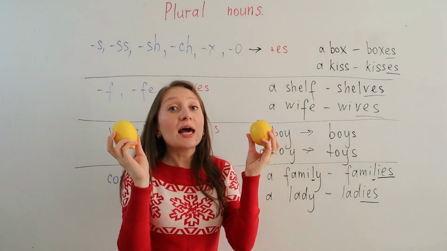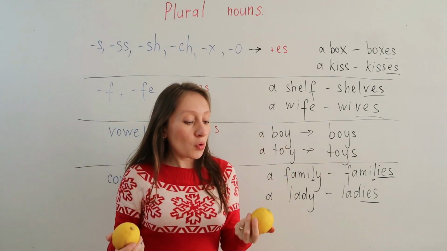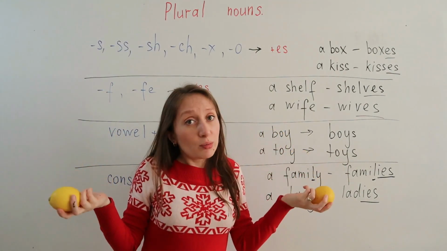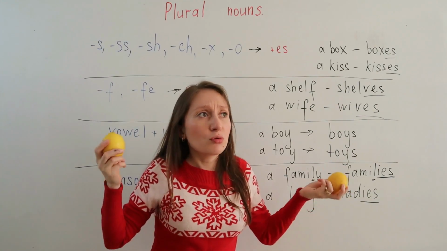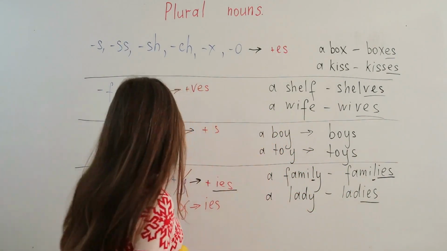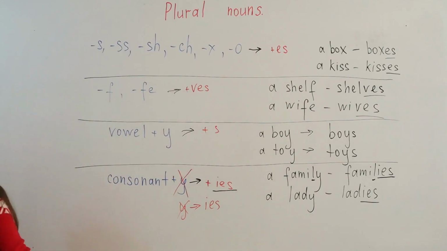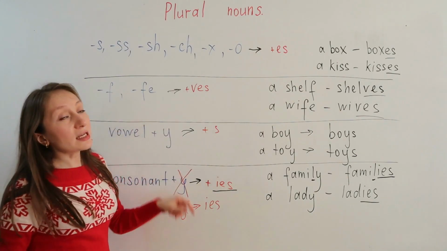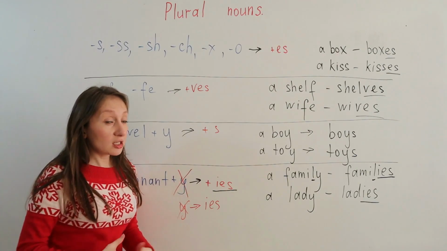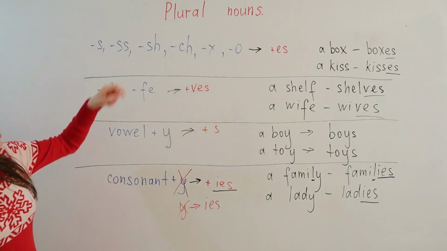There are two lemons in my hand. Or there are some lemons in my hand. Not important. Some, two, three. But you see that there are two lemons in my hand, right? So this is super easy. Plural nouns, singular, plural. Now you understand what we are talking about when we say plural.